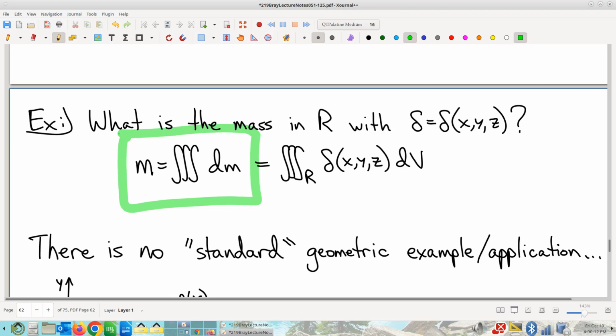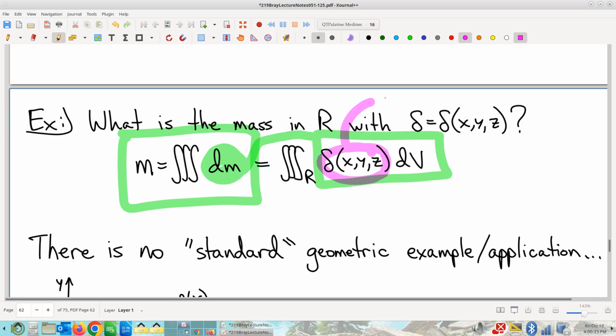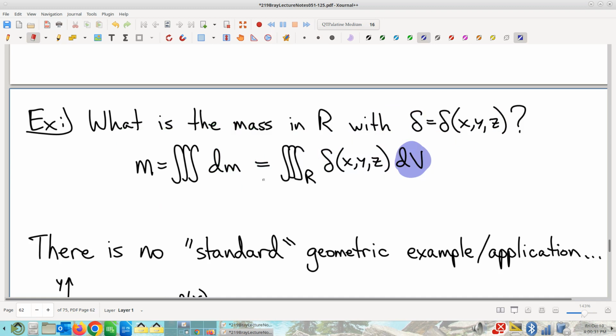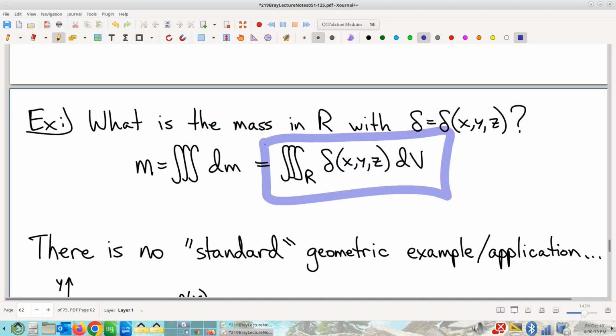It's an accumulating quantity, and on any given little piece, mass is mass per unit volume, which I'm given, times volume. And so, in fact, I don't know how to compute this yet, but once I know how to compute triple integrals, this triple integral will tell me the total amount of mass.